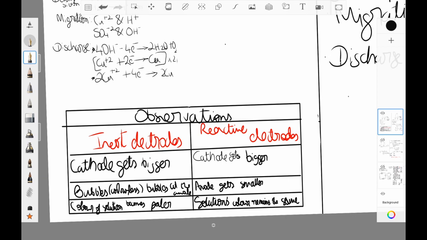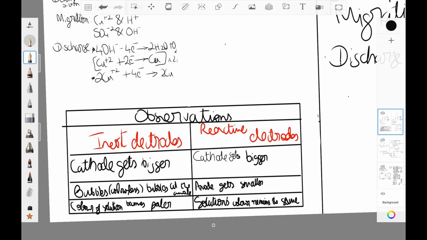Aside from the last one: copper sulfate solution has a bright blue color, and the blue color comes from the copper ions, right? So as the copper ions become discharged and form copper metal on top of the carbon electrodes, the color of the solution becomes paler, and by proxy the cathode gets bigger. And obviously colorless bubbles form at the anode.